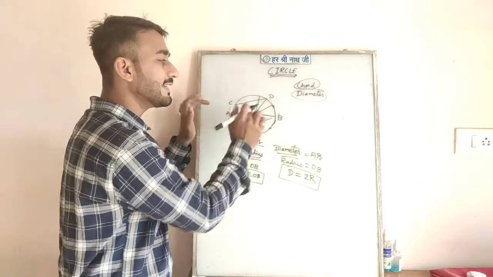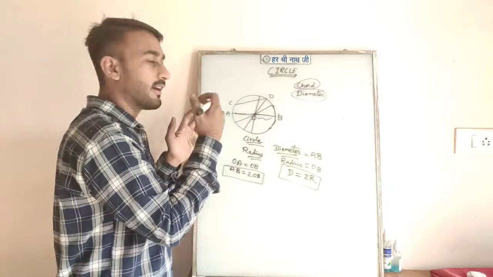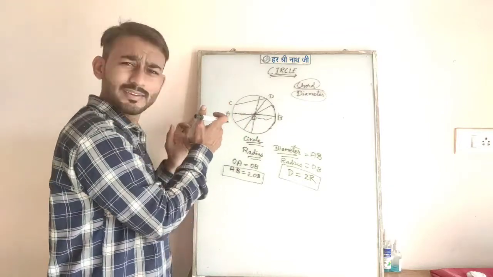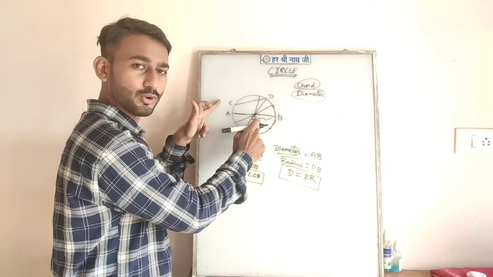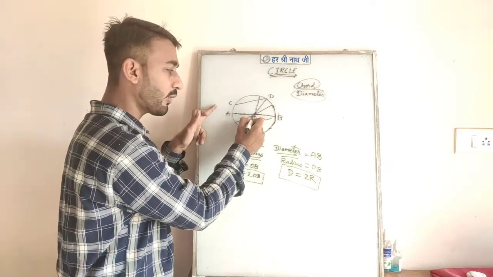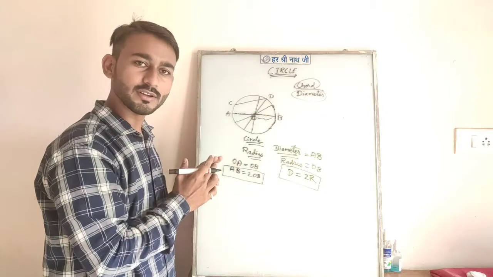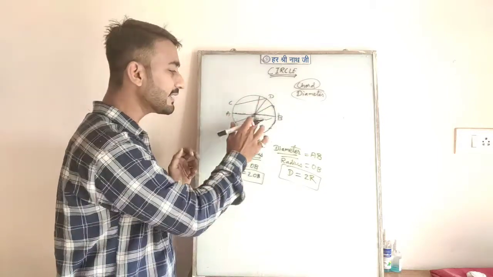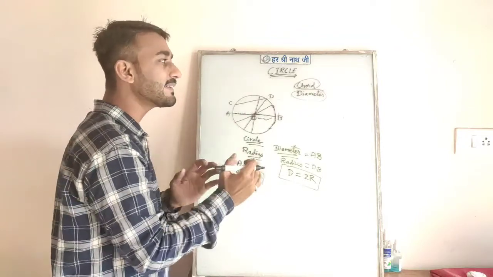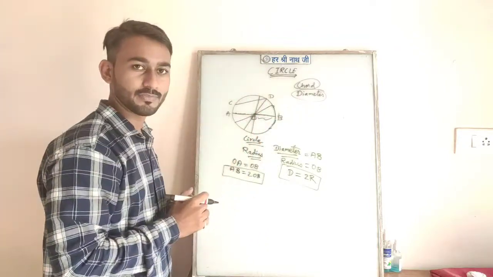So the chord CD, can we say that it is passing through the center? No, right? It is not passing through point O. Point O is what? This point O is at the center of the circle. So chord CD does not pass through point O or the center. So this is the basic difference between a chord and a diameter.